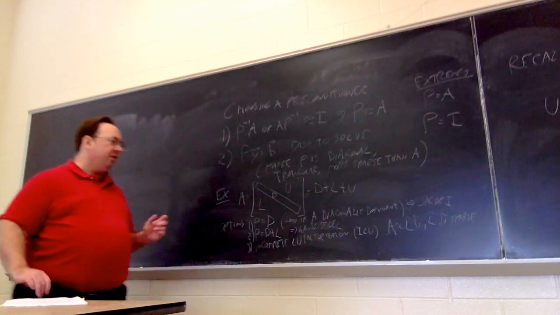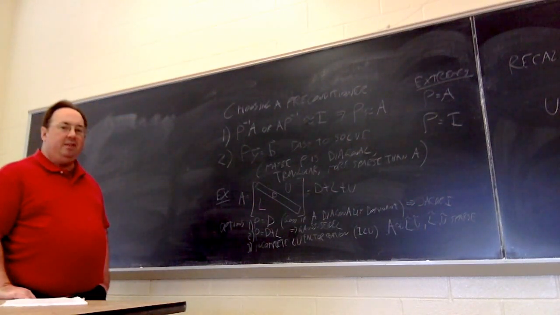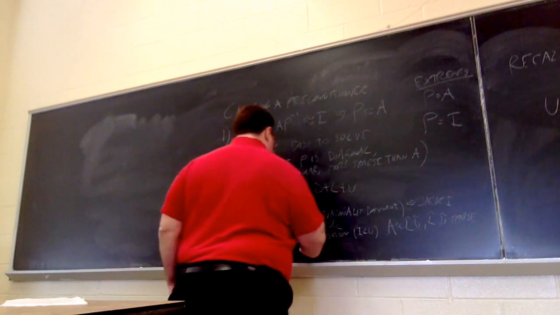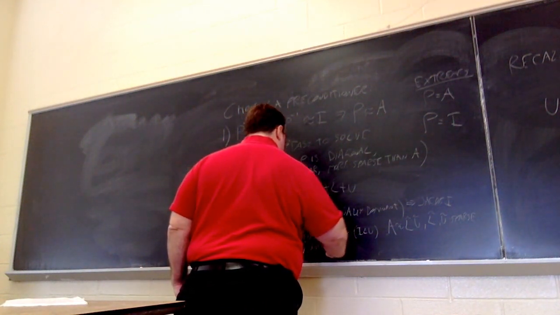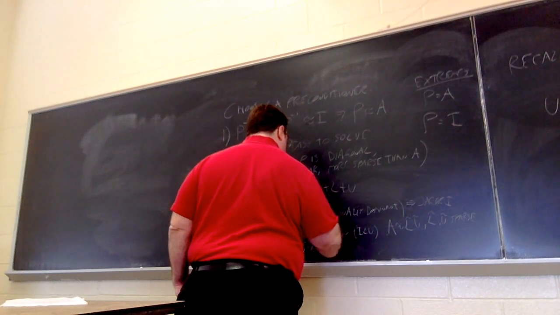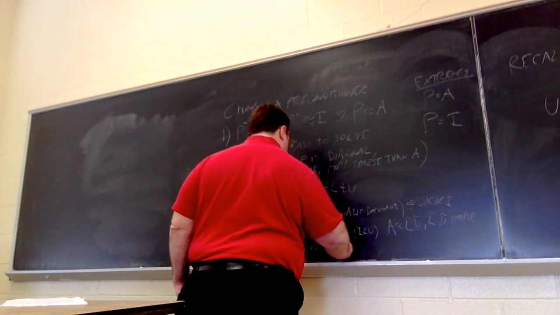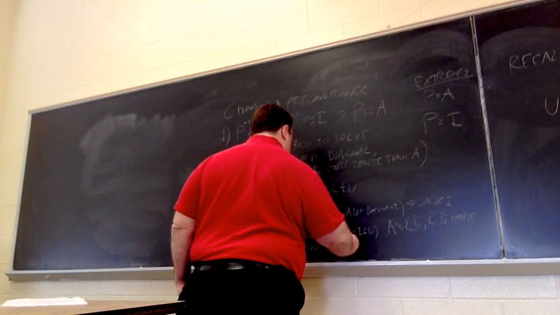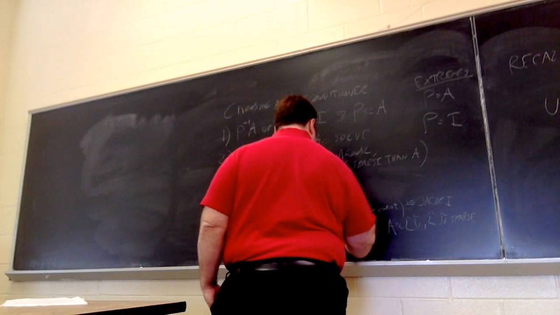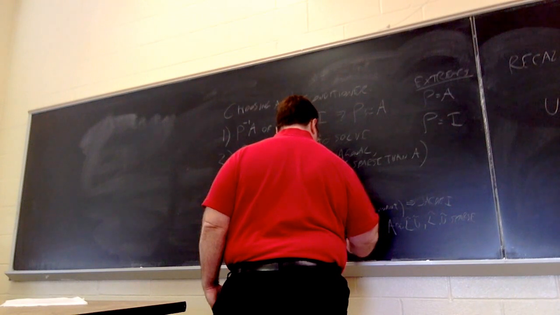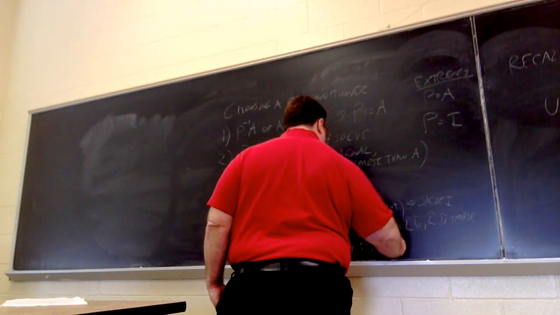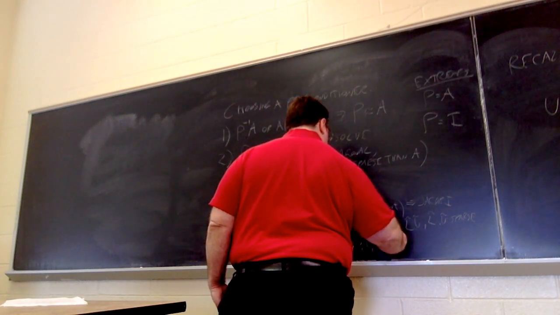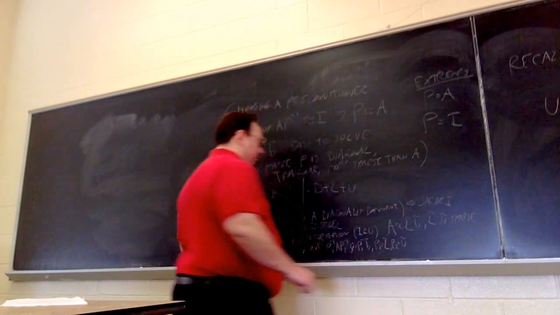If you have this factorization, you can do both left and right preconditioning. So P1 inverse A P2 inverse y is equal to P1 inverse b, where P1 is equal to L tilde and P2 is equal to U tilde.